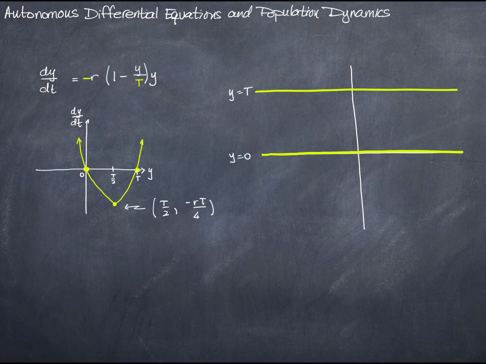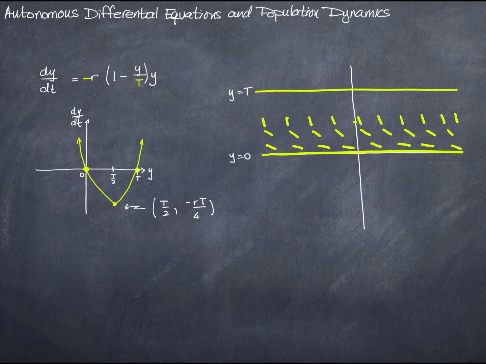So halfway in between 0 and t, which is right about here, my slopes are as large as they're going to get, but they're negative. And then either side of that, they're negative but not as steep, and still negative but even less steep.